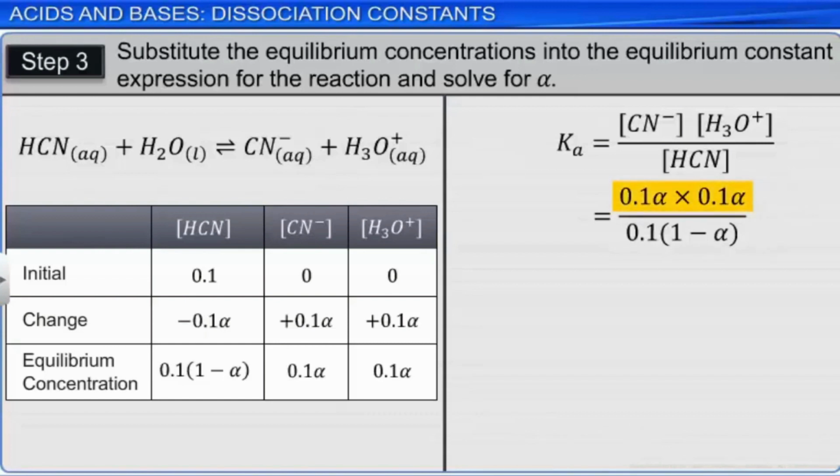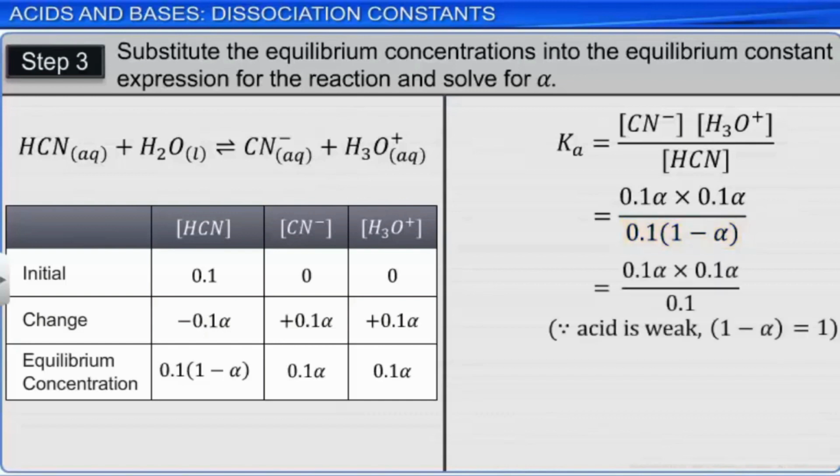(1 minus alpha). As hydrocyanic acid is a weak acid, it undergoes dissociation to a very little extent, and hence the value of alpha is very small. Thus, 1 minus alpha can be taken as 1.